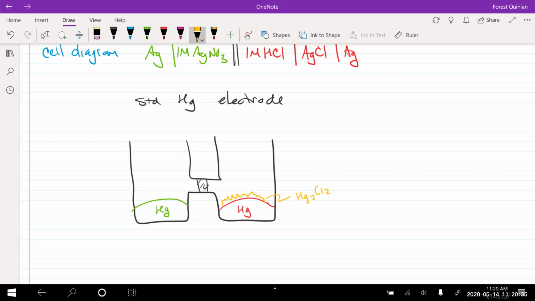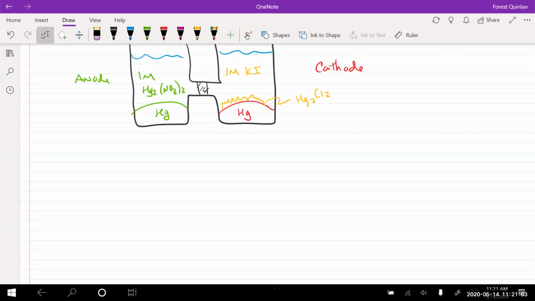And we had 1 molar KI. And we had 1 molar Hg2(NO3)2. Anode to cathode. Low band, you're up.